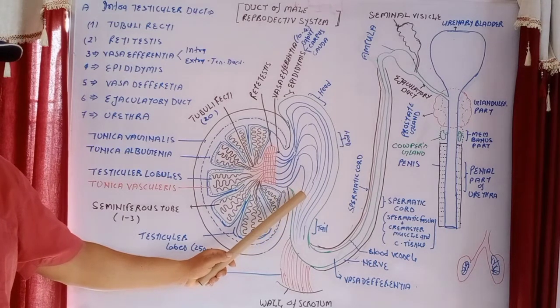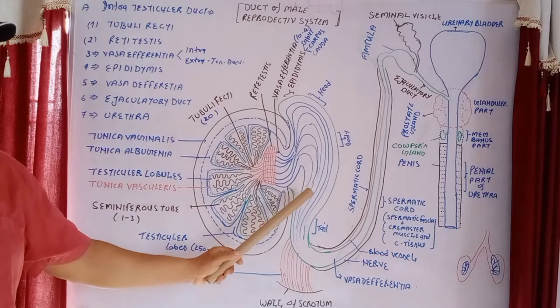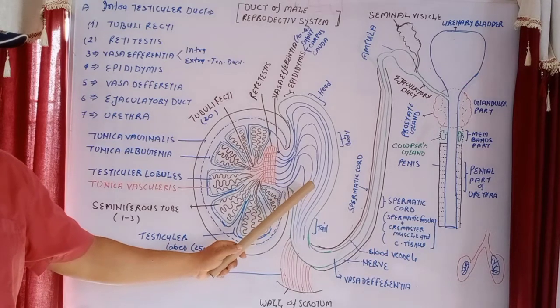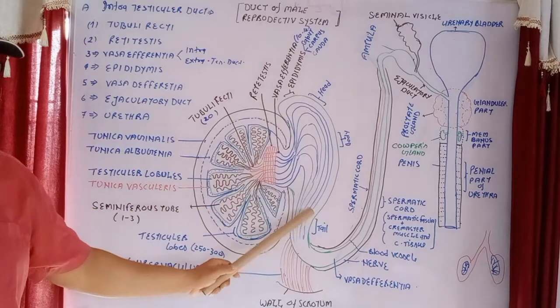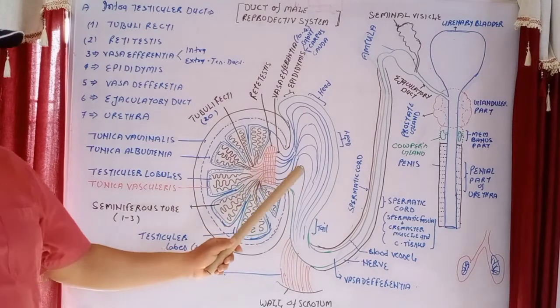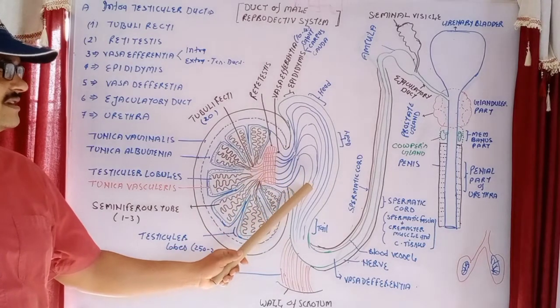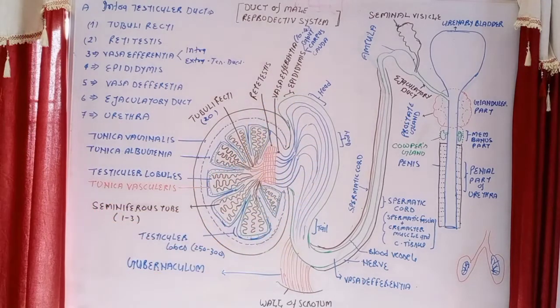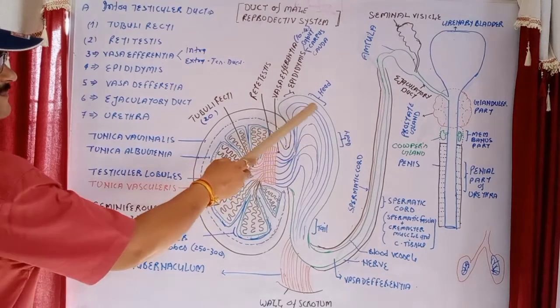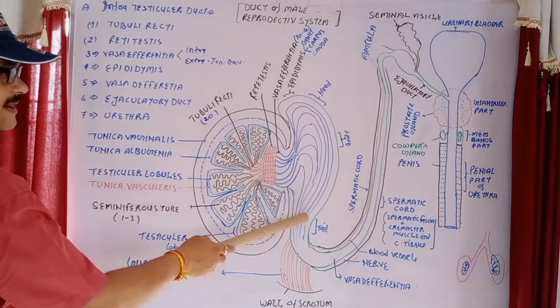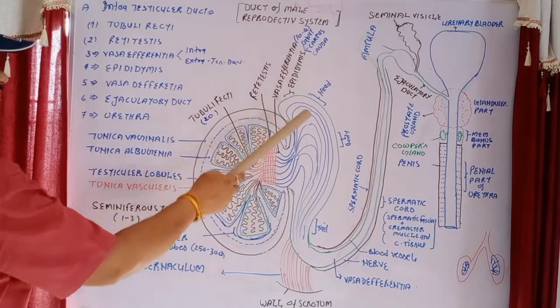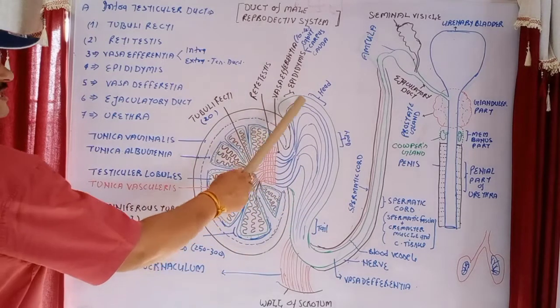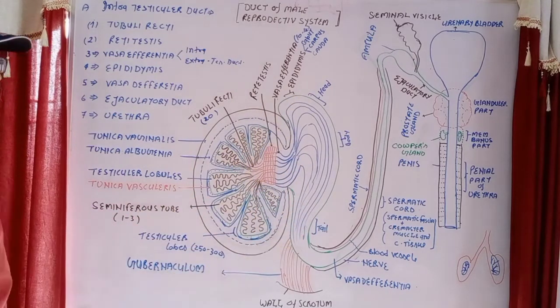First point, storage. Second, functional activation of the sperm takes place in the epididymis region. Approximately 18 to 20 hours, sperm are stored here. So these 3 points are very important to understand: temporary storage of the sperm takes place in the epididymis region, and functional activation of the sperm takes place there.